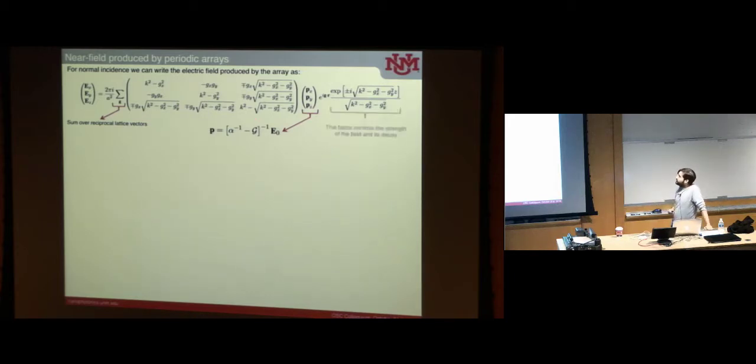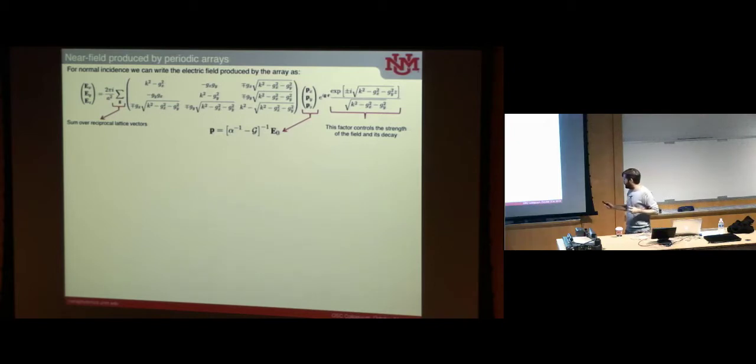But it has this other term here, which is quite interesting. There is an exponential which controls whether your diffraction order is going to give you a radiative mode, something that propagates away, or an evanescent mode. But it also has this square root in the denominator, which will control how strong your mode is.